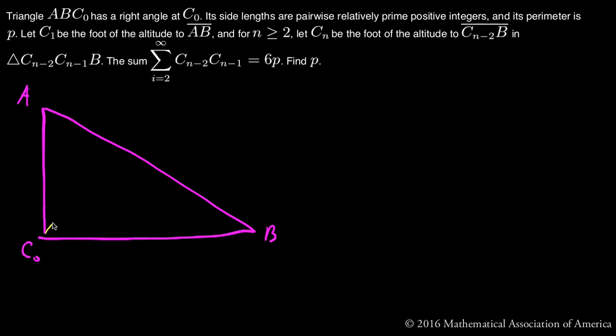And we know that when we do an altitude to the hypotenuse, we're going to create a geometric sequence that we're going to sum up. So an infinite geometric series. Put a little dot, dot, dot in there.